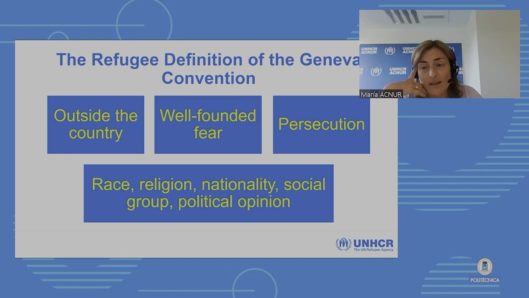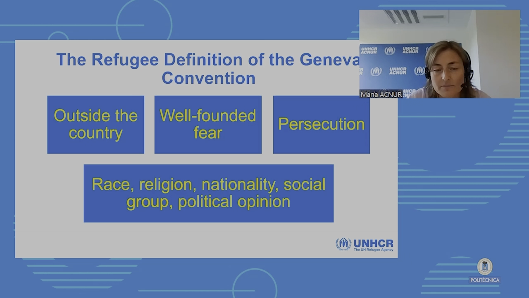And the third element would be, of course, the persecution. So what do we call persecution in the terms of the refugee definition? I talked about that earlier: a serious violation of basic human rights, but also other harmful acts or threats that can accumulate, and when they accumulate, they can amount to persecution, even if they are small.